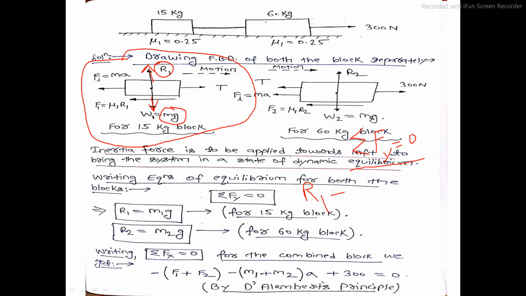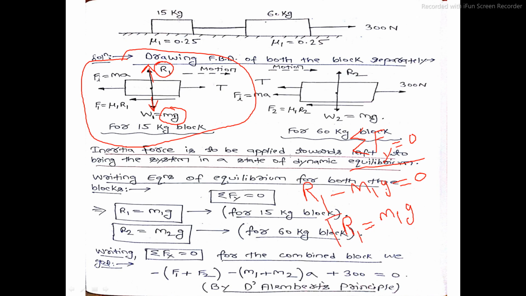So R1 minus M1G is equal to 0. No other forces are present in y direction, so it is equal to 0. Or I can write R1 is equal to M1 into G.